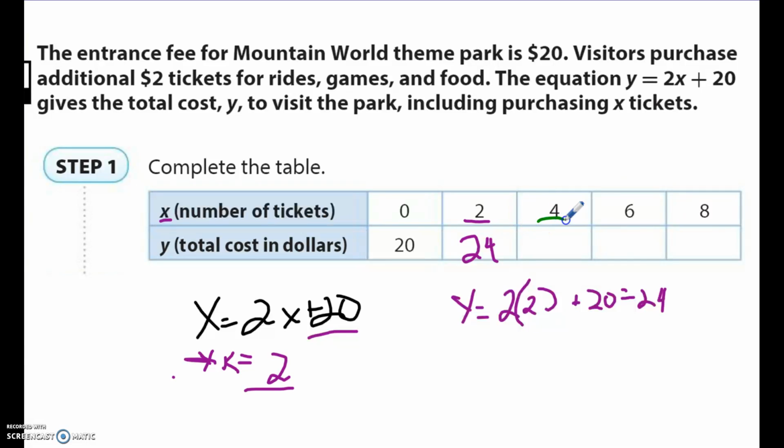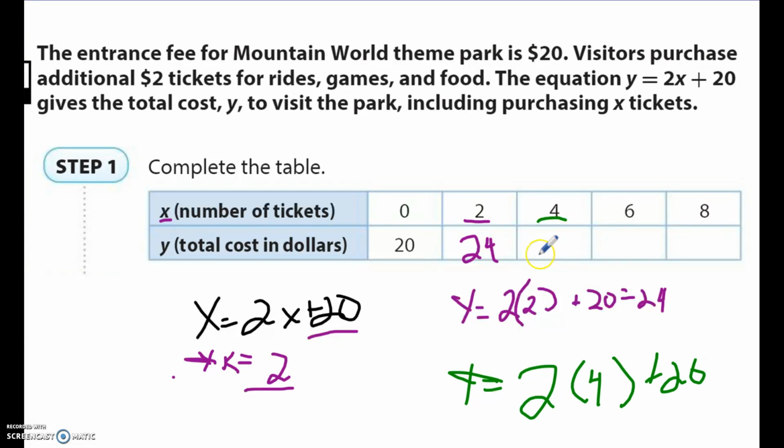If I were to fill my x in with a 4, I'm going to get 28. And if we continue this, we would get 32 and then 36.